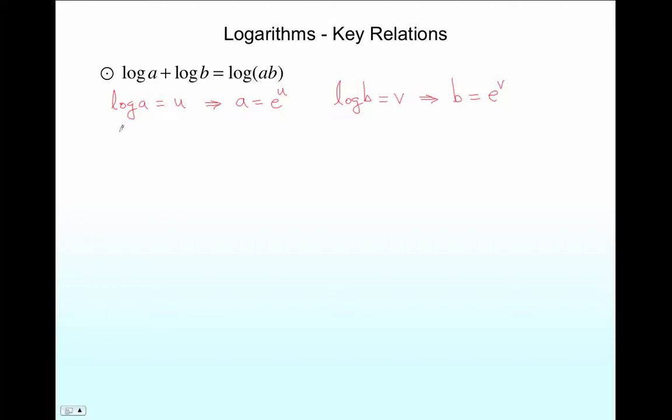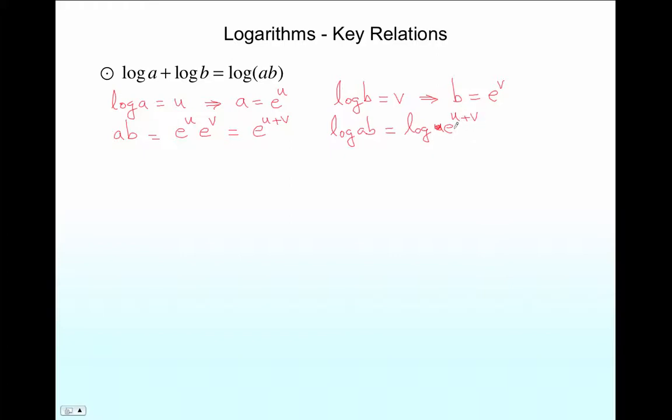Now let's multiply a with b. So that's just e to the u, e to the v. And since these are exponents, this becomes e to the u plus v. Now, let's take the logarithm of both sides. So log of ab then becomes log of e to the u plus v.